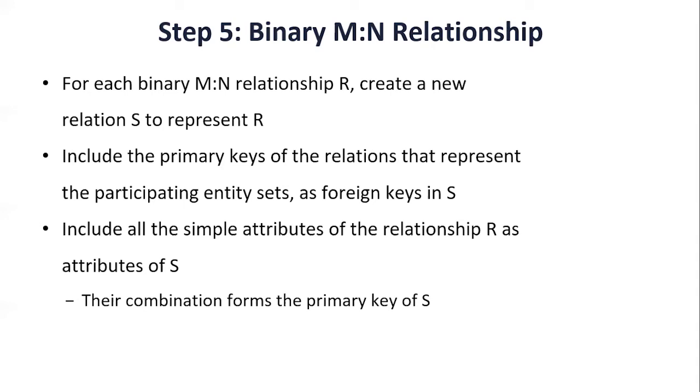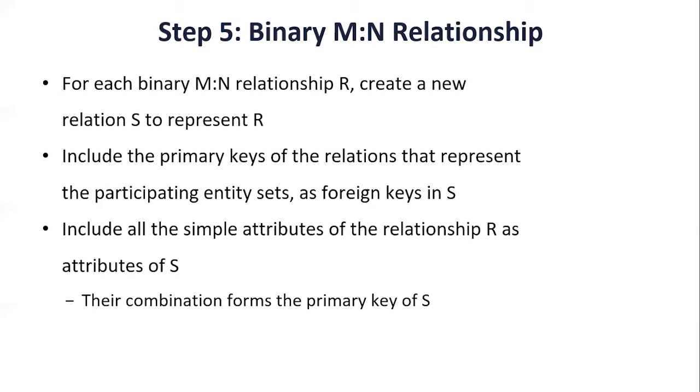So that means we have to create a new relation or table, let's say S, to represent this relationship, and include the primary keys of the relations that represent the participating entity sets as foreign key in S.